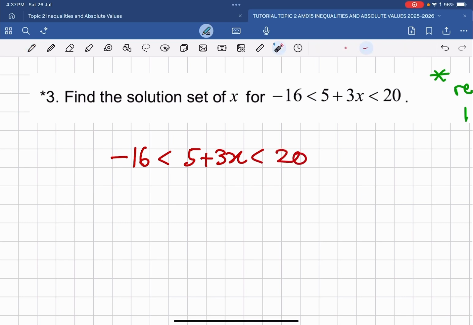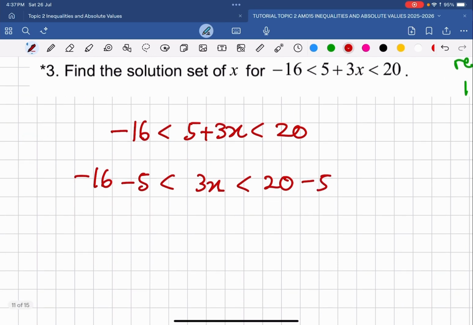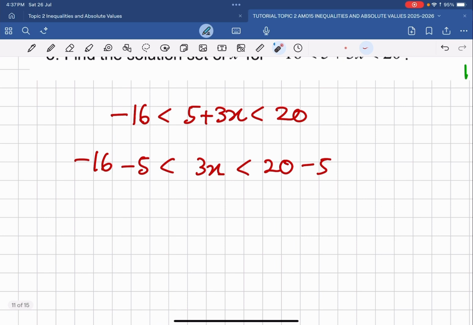We're going to bring this 5 to the left and right-hand sides at the same time: negative 16 minus 5 and 20 minus 5. Once we do that there is only 3x in the middle. So negative 21, and 20 minus 5 is 15.